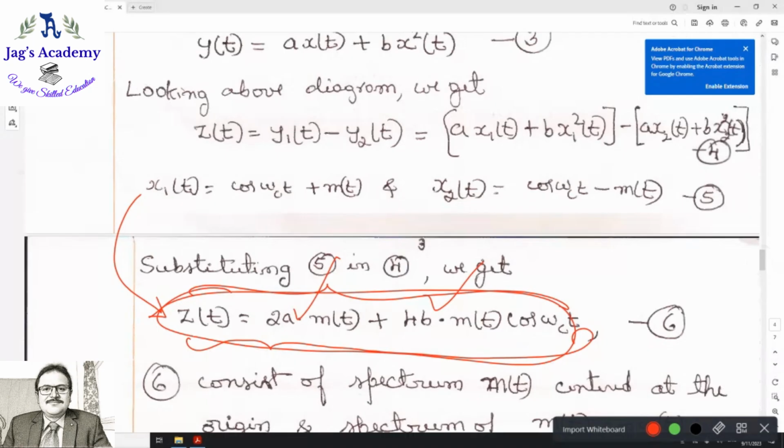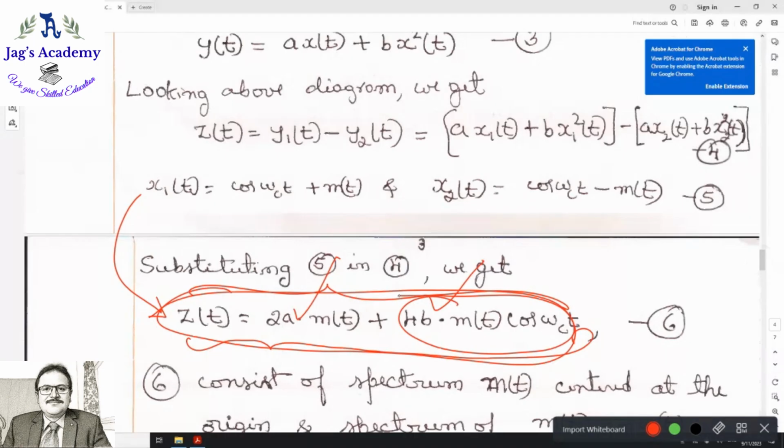Tell me, what is your required output to generate a double sideband suppressed carrier AM wave? This one. This is what your output actually is. Now, how do you get that from this equation? You use which type of filter? Low pass filter or high pass filter?